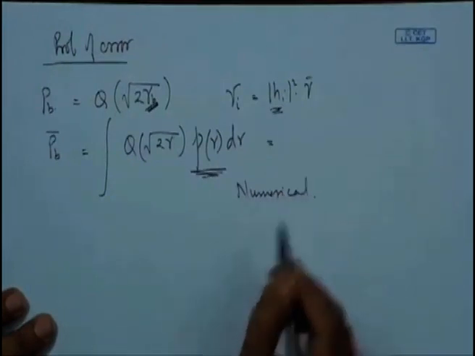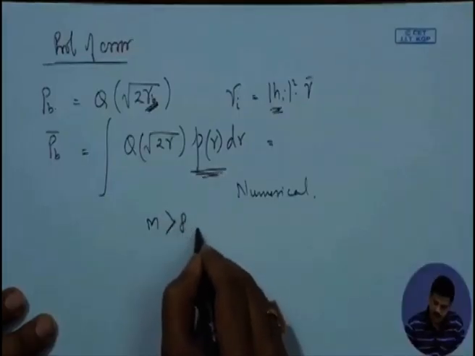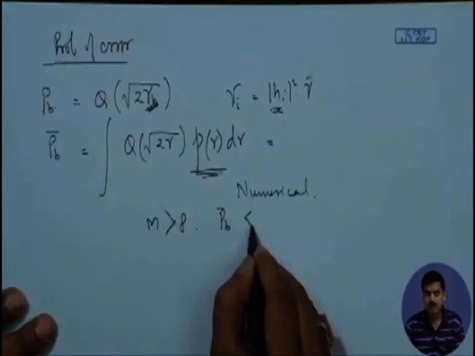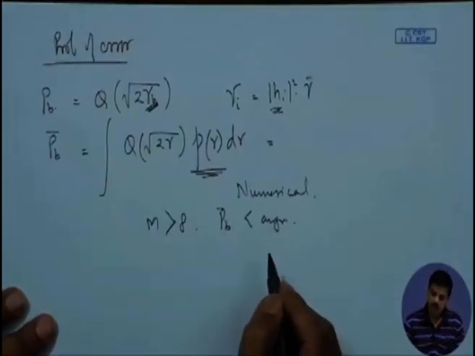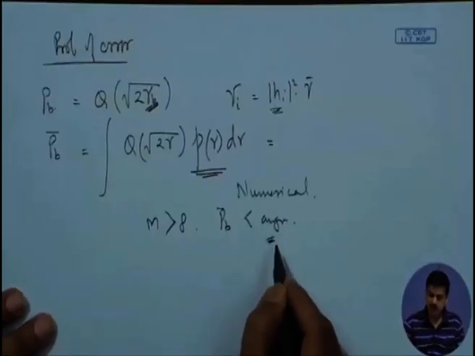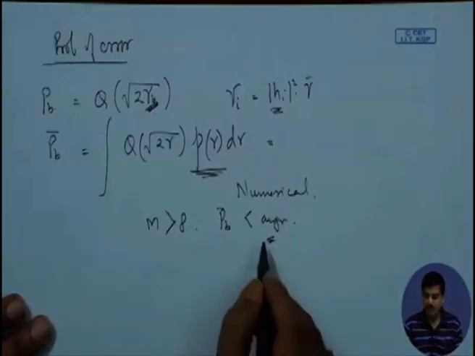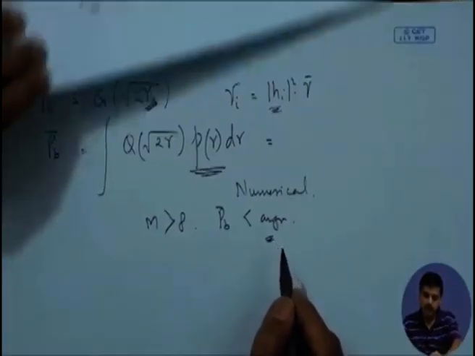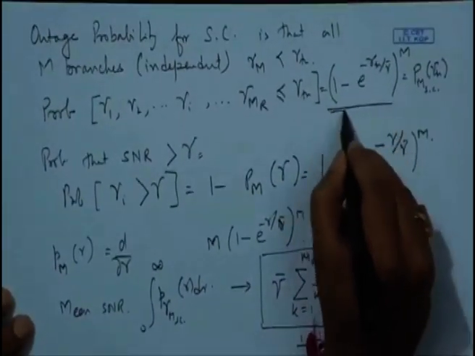Generally it is numerical techniques, and for m greater than 8, we can remember that the average probability of error turns out to be less than that of AWGN. So this is quite interesting. We will see some of the error probability curves later on. So even with these very simple techniques, you could improve the outage probability significantly, as we have seen over here with this particular expression.